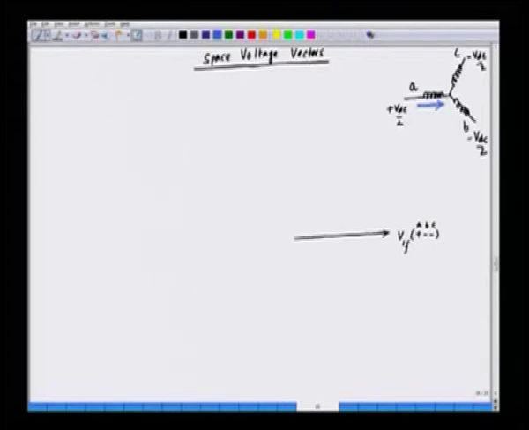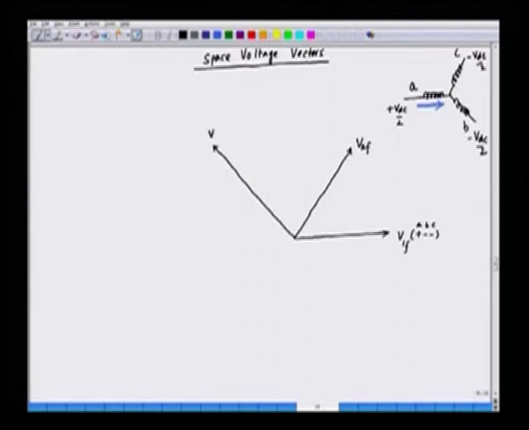And then we go one step forward, we can draw another vector, that is V2. V2 is 60 degrees ahead. So, we can call this V2F. Similarly, we can have another vector here that is 60 degrees from this.